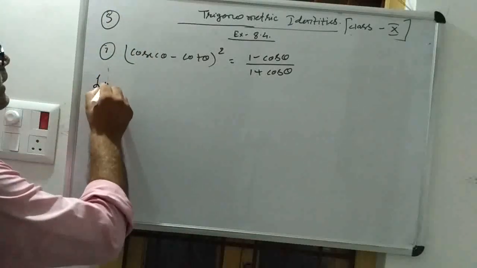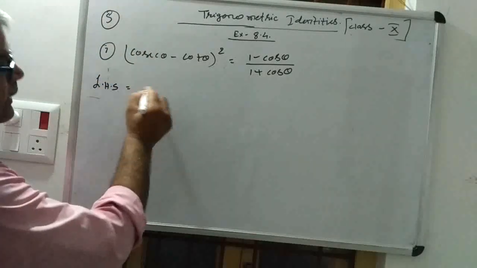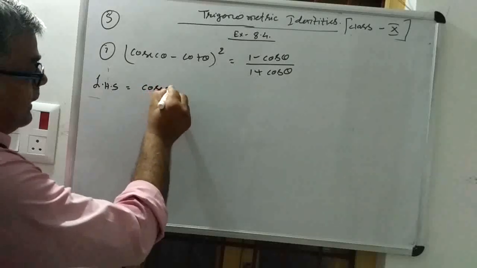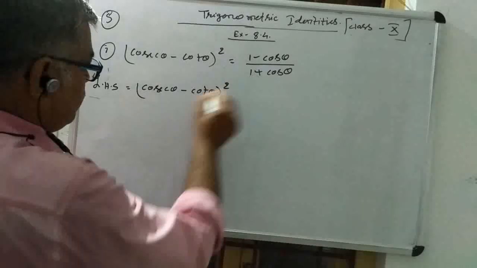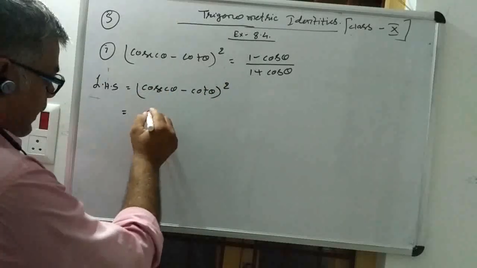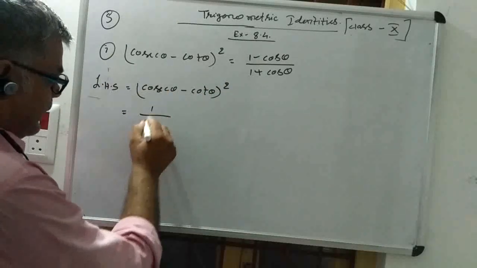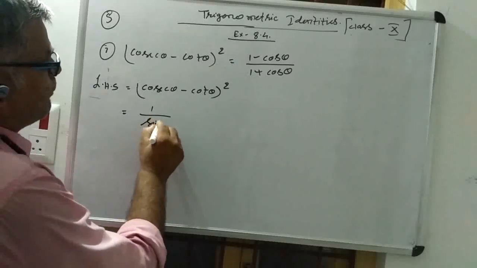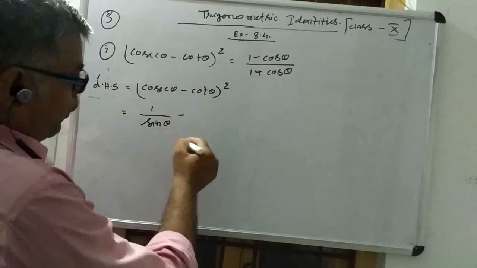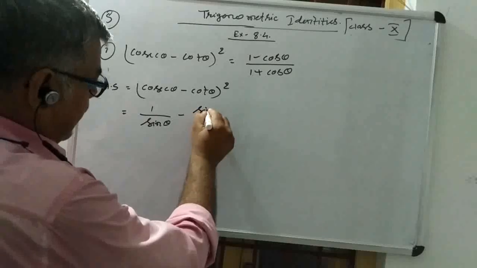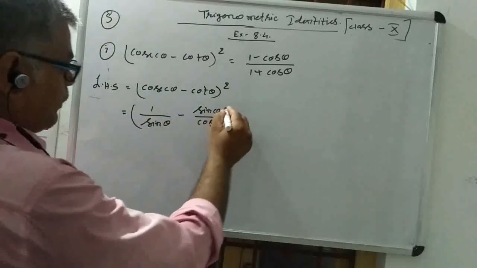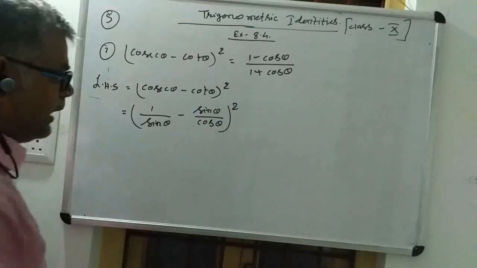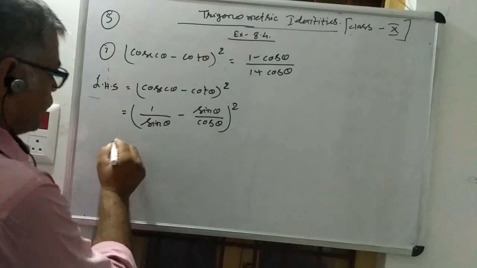So our LHS part is what? LHS equals (cosec theta minus cot theta) whole square. Now cosec theta can be converted, so we can write 1 by sin theta, and for cot theta we can write cos theta by sin theta, from the formulas of cosec theta and cot theta, and whole square.